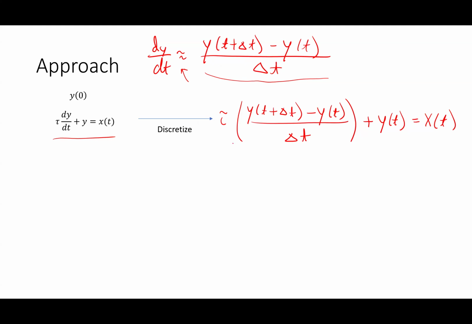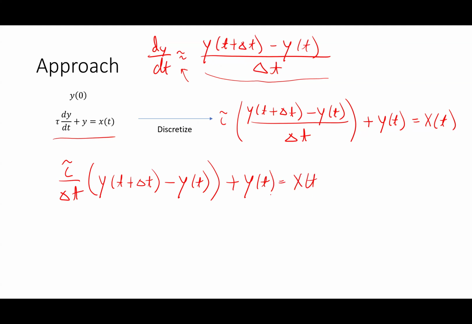What I'm going to do is I'm going to pull the delta t out. So I'm going to say that I have tau over delta t times y of t plus delta t minus y of t plus y of t equals x of t. What I want to do is I want to get this y of t plus delta t by itself.